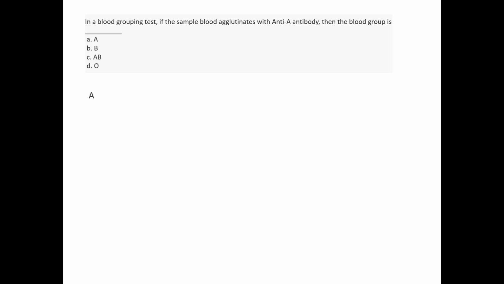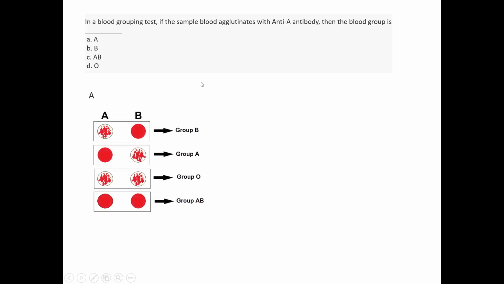So if it is agglutinating against antibody A, that means it has antigen A. So antigen and antibody together will agglutinate. So this is how blood grouping is done. Sorry, I think I made a mistake.